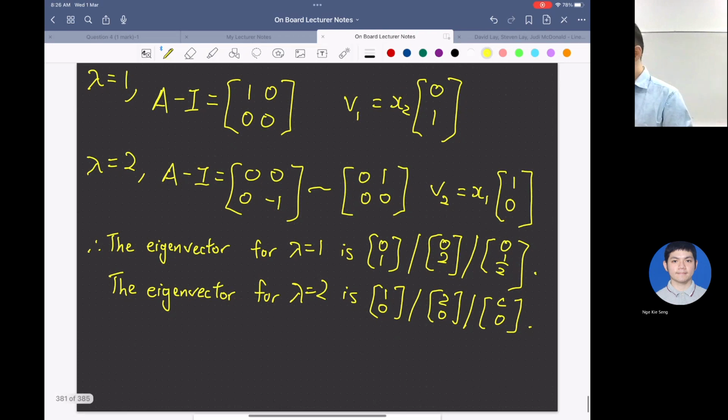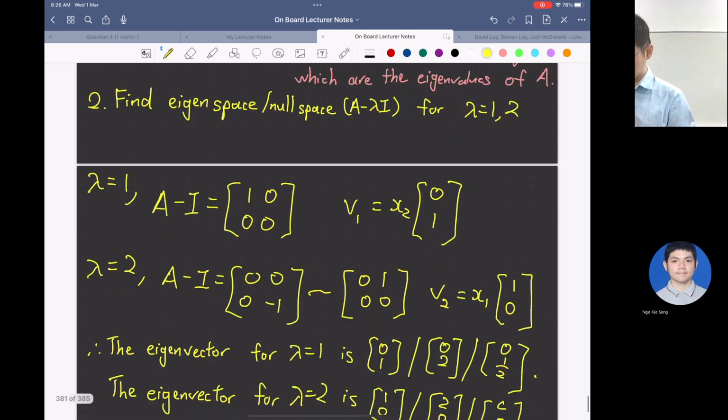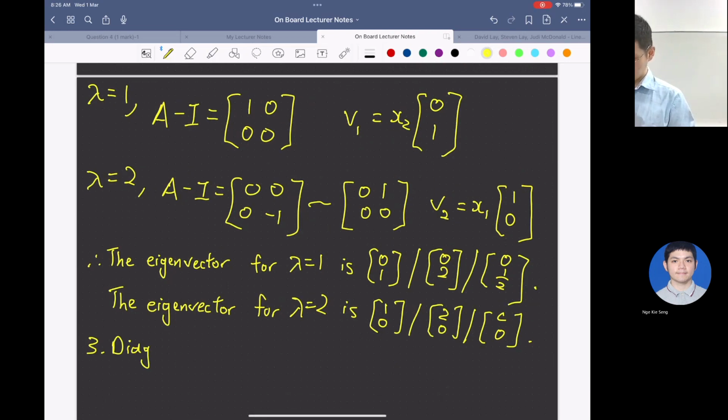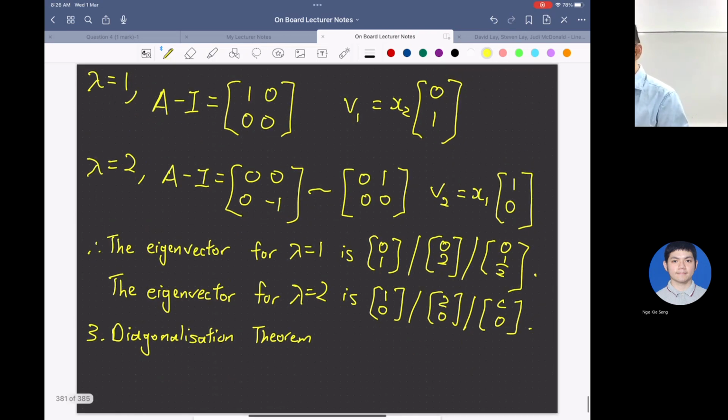Okay, and then yesterday we have a powerful theorem, the diagonalization theorem. The diagonalization theorem says that A splits into PDP inverse. So let's remind ourselves what PDP inverse is.